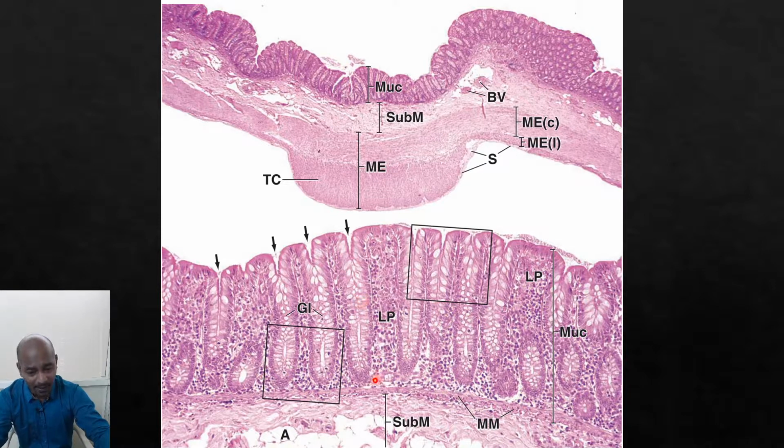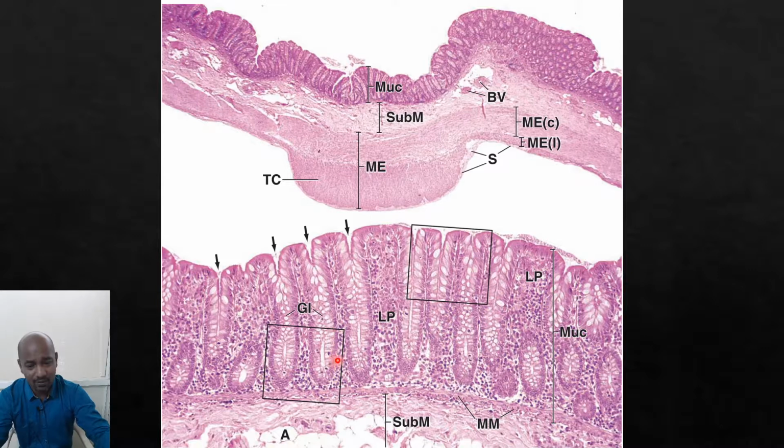They migrate from the bottom of the intestinal glands or the crypts of Lieberkühn, because it is in the bottoms of these crypts of Lieberkühn that there are the stem cells which are responsible for regenerating or replenishing the intestinal mucosa. So every 5th day, the intestinal mucosa keeps getting replenished.